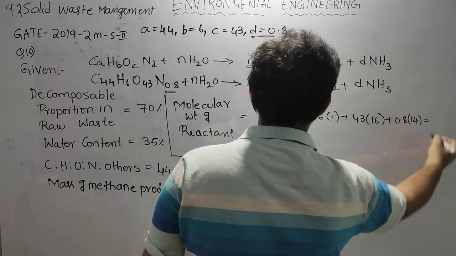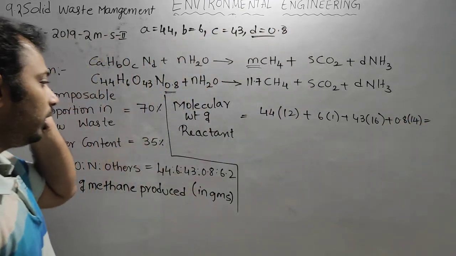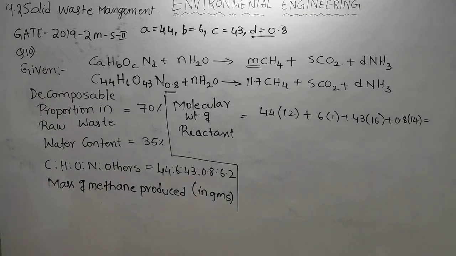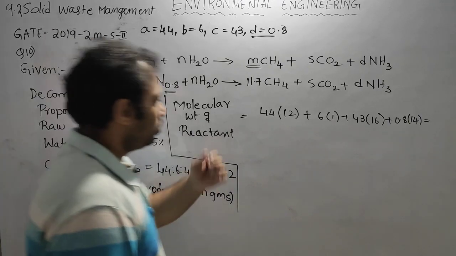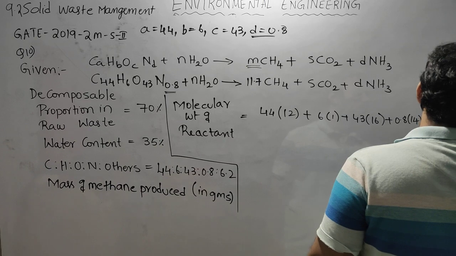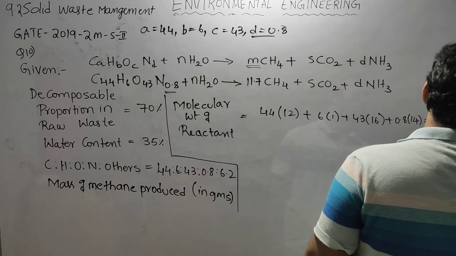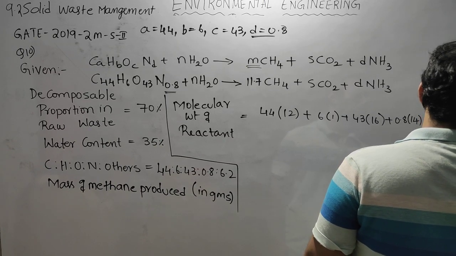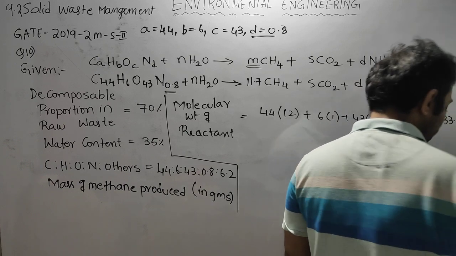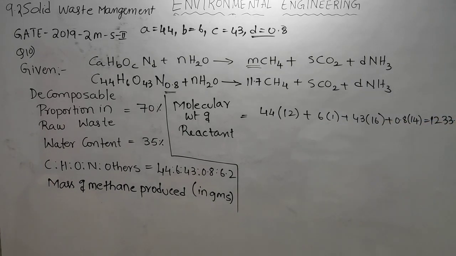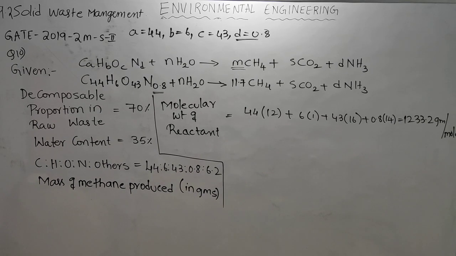If you do this, we will get the molecular weight of the reactant for 1 mole, that is 1233.2 gram per mole.